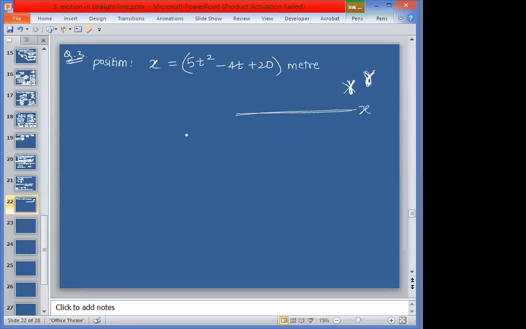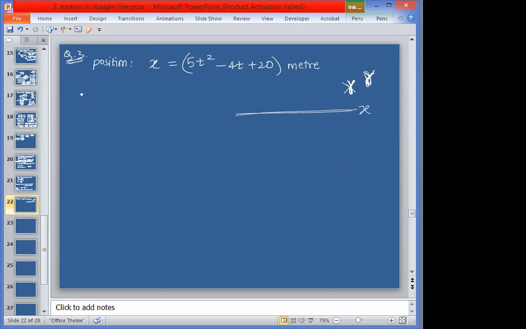The position of the particle moving along the x-axis is given by x equal to 5t square minus 4t plus 20 meter, where time t is in second. Find the average velocity between 1 second and 3 second.